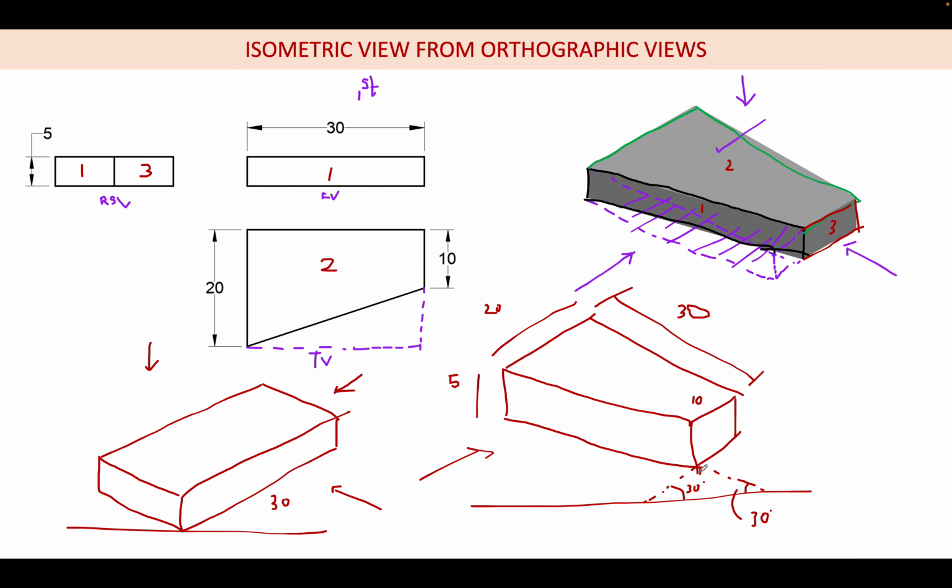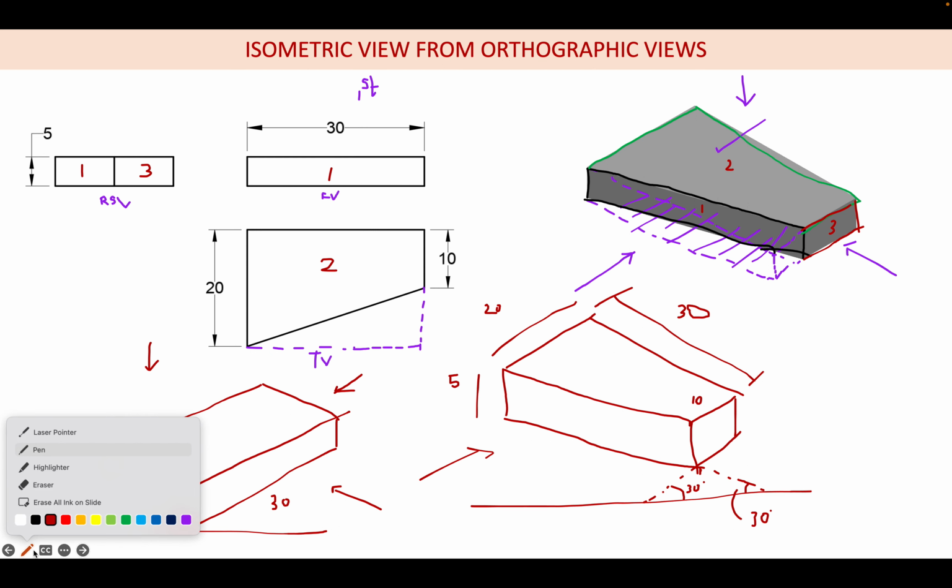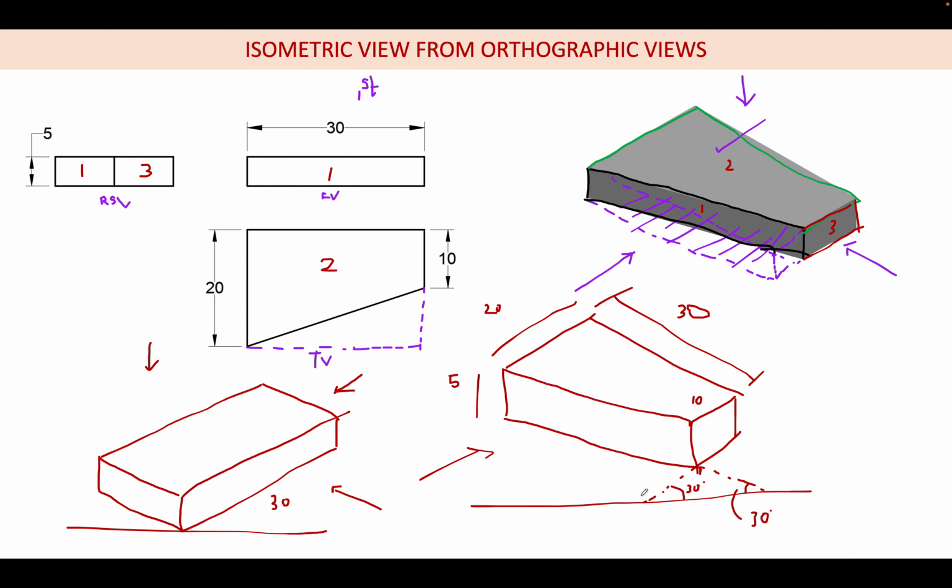So how we did this? For example, if I also represent the sliced portion like this, what happened is, this was the cutout portion, so this will also be 30 degree.